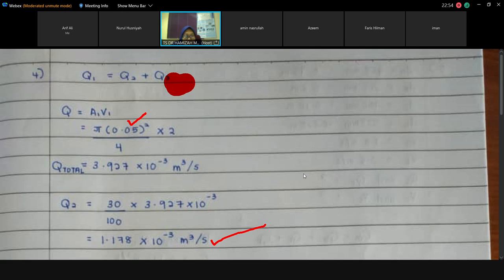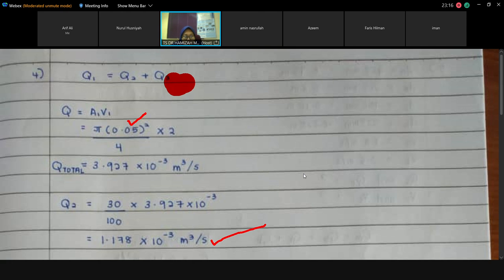Okay, so dia akan dapat velocity, so correct unit also. Okay, and then after you get the Q1 and Q2, you can determine what is the Q3. Using the Q3, you can calculate the V. Okay, very good.